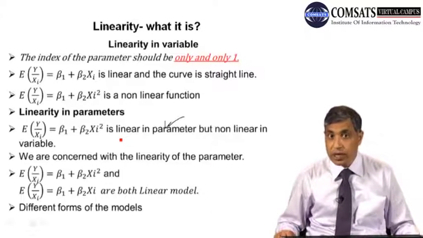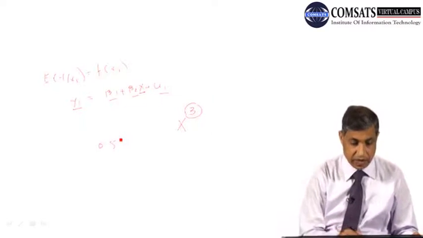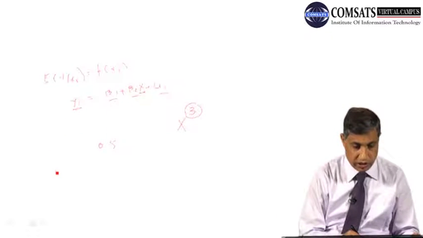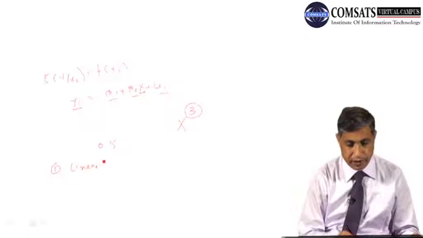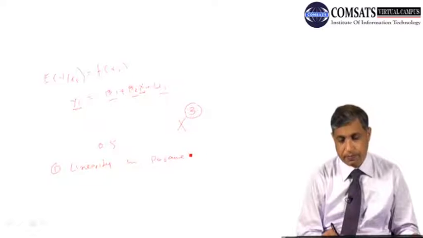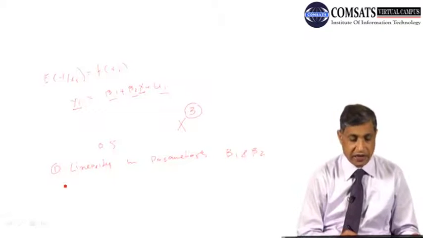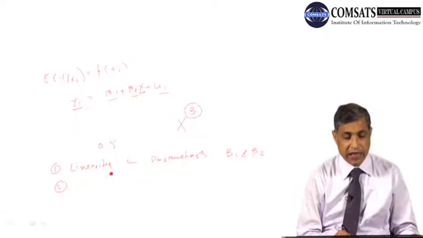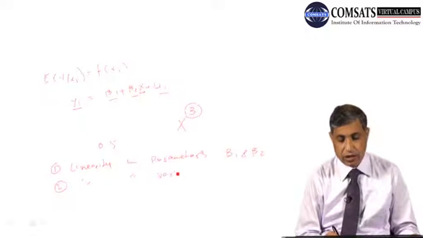Why am I using the word parameter? Because we are now talking about two kinds of linearity. First is linearity in parameters, and you know the parameters are beta 1 and beta 2. And the second is linearity in variables.